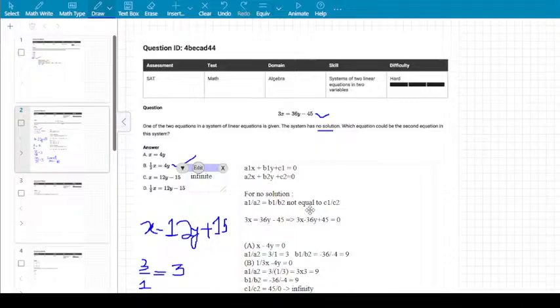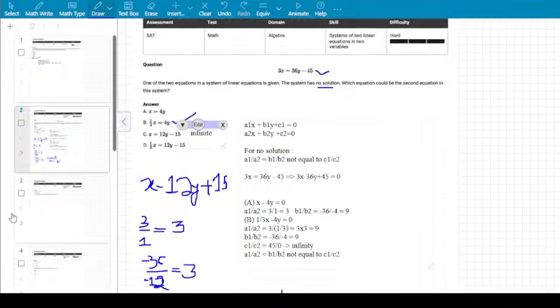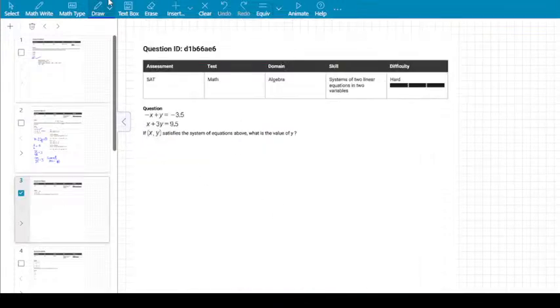Okay. Now let us move to the next question. So the next question is this. It is again an algebra question of a system of two linear equations in two variables, and it is a hard question.